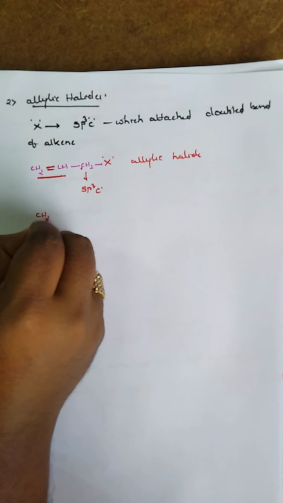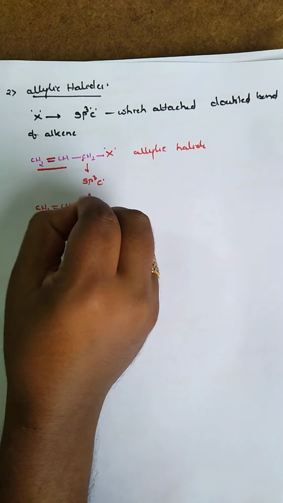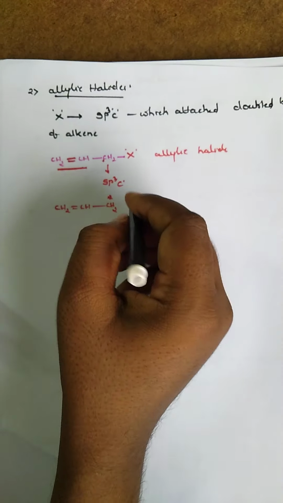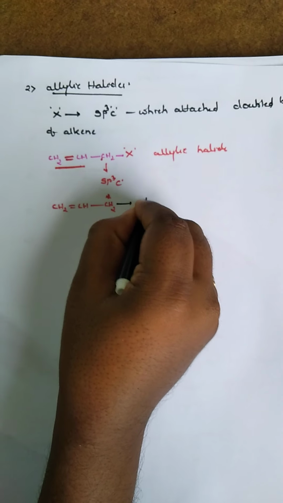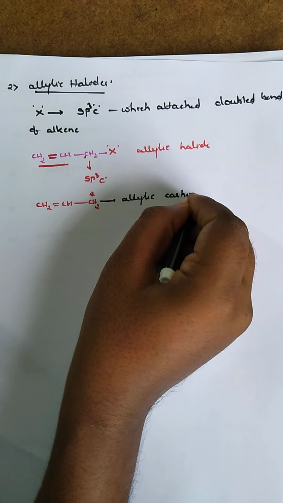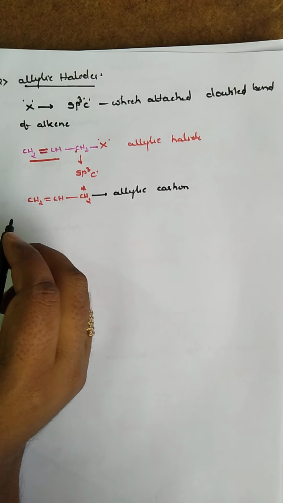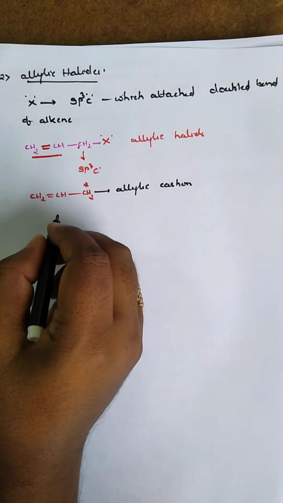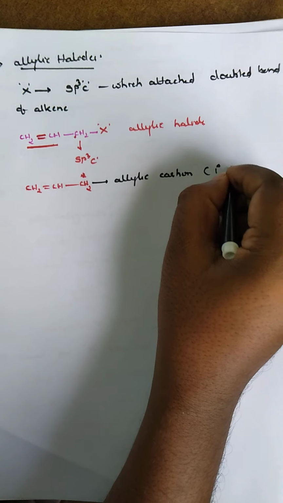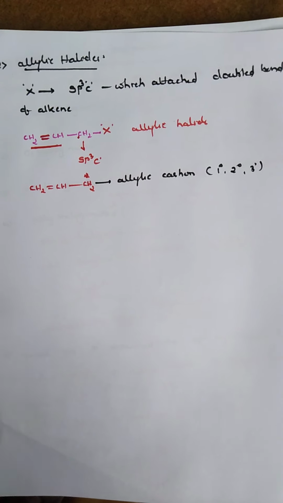Now CH2 double bond CH, then CH2. This carbon is known as an allylic carbon. In this allylic halide, this carbon is attached to only one carbon. Based on that, allylic halides are also classified into primary, secondary as well as tertiary allylic halides.